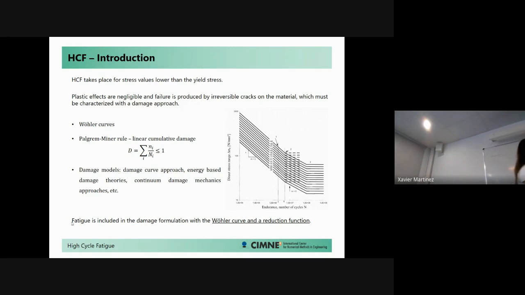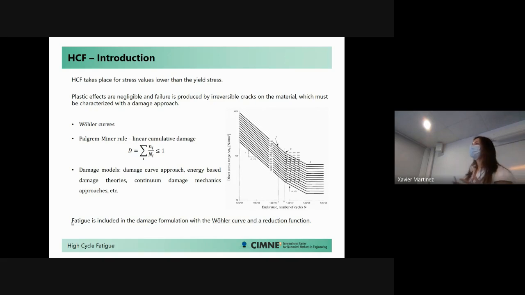Now, this is simple to use, but it has already been proven that it's not entirely valid for specific cases. And we will see later on an alternative method that I propose in order to solve this issue with damage accumulation due to variable cyclic loading. Now, what do we normally find when we are dealing with high cycle fatigue simulation?